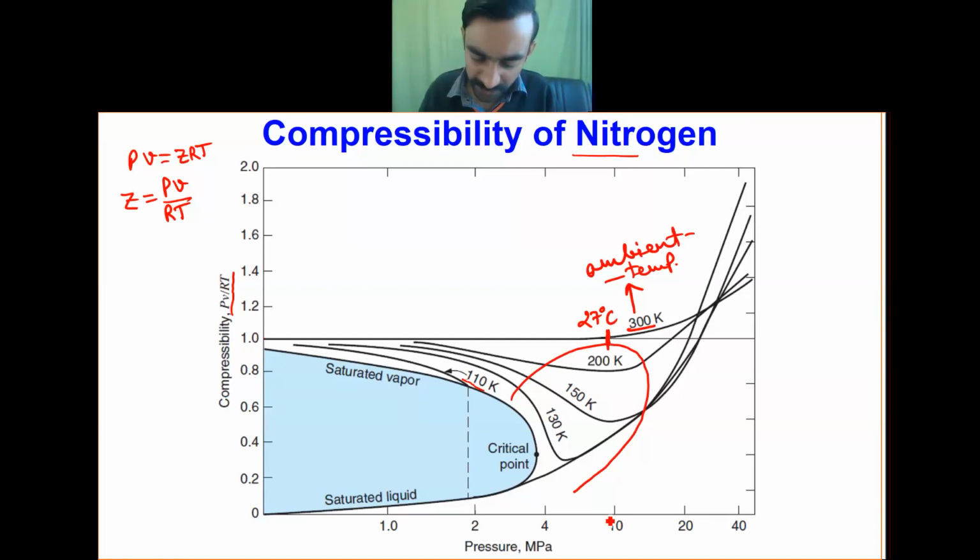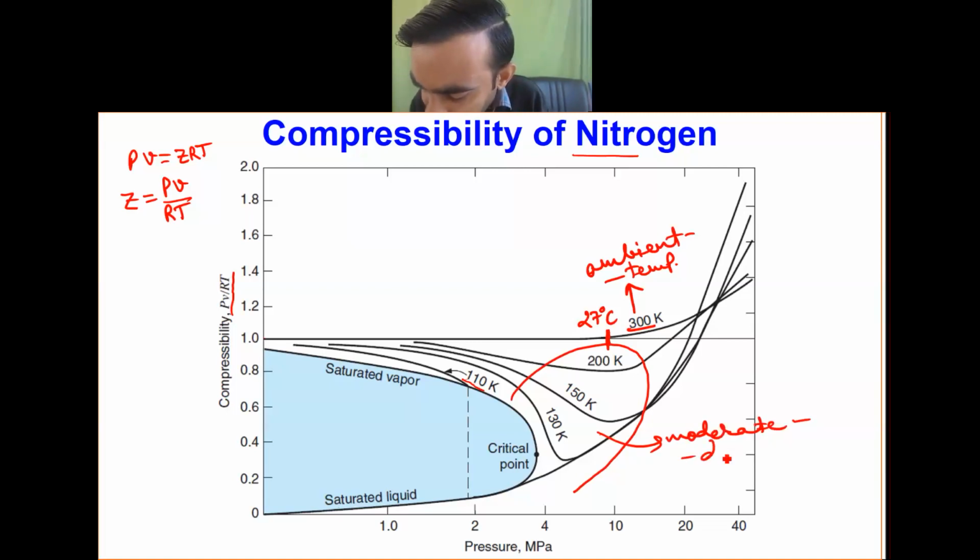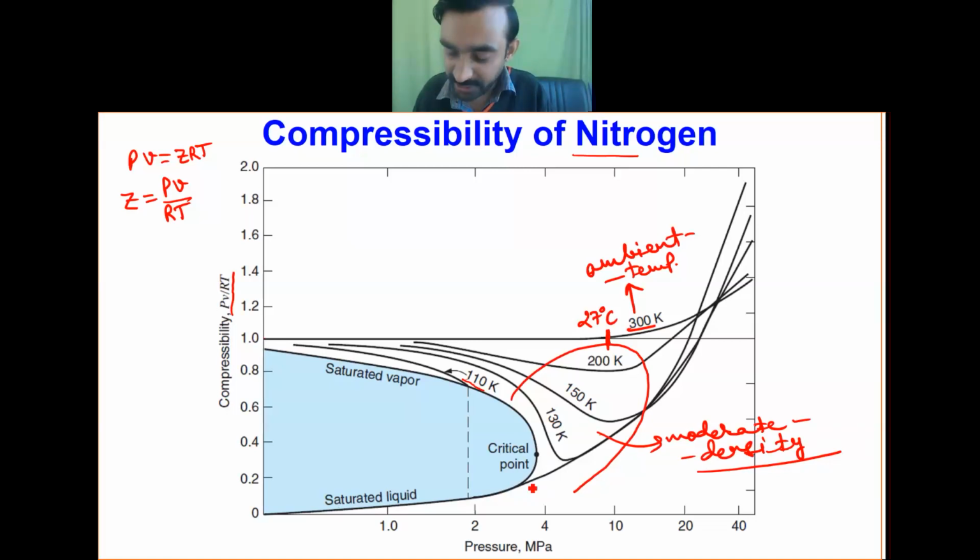When we are close to the critical point, we will have a moderate value of density. In this particular zone, our temperatures are different and vary over a wide range, but the value of density is moderate.